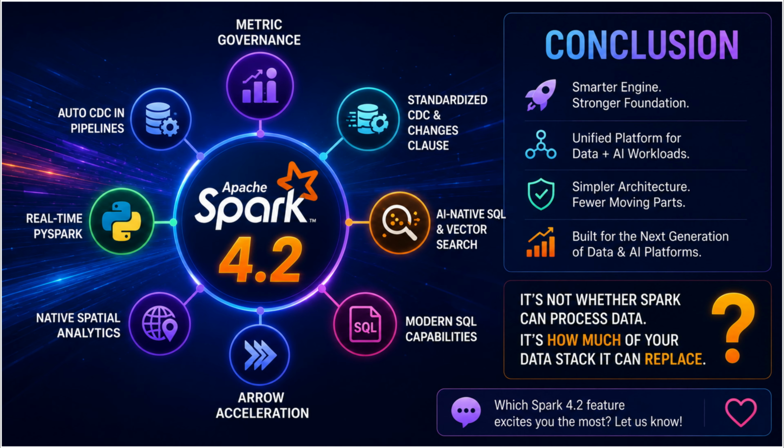Metric governance, declarative CDC, standardized change streams, real-time Python processing, vector search, native spatial analytics, Arrow acceleration, and modern SQL capabilities. Together, these features reduce complexity while expanding what developers can build directly inside Spark. The result is simpler architecture, fewer moving parts, and a stronger foundation for the next generation of data and AI platforms. And this is one of the most important releases in recent years.